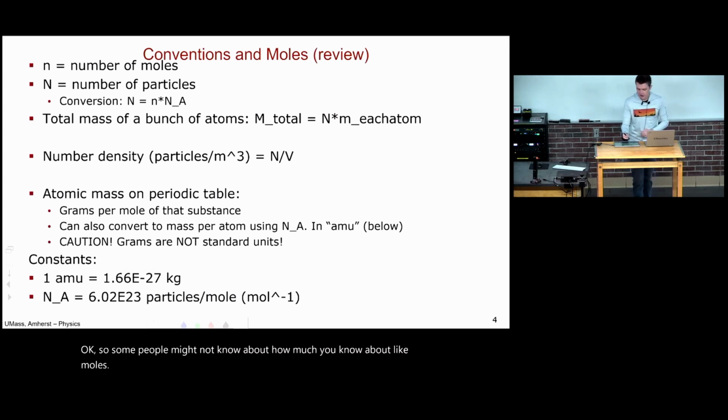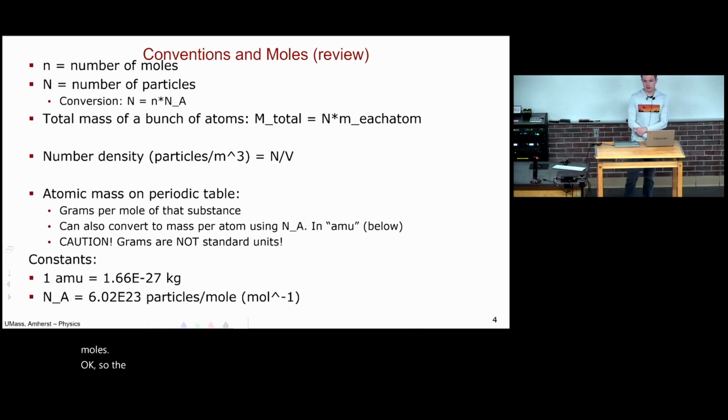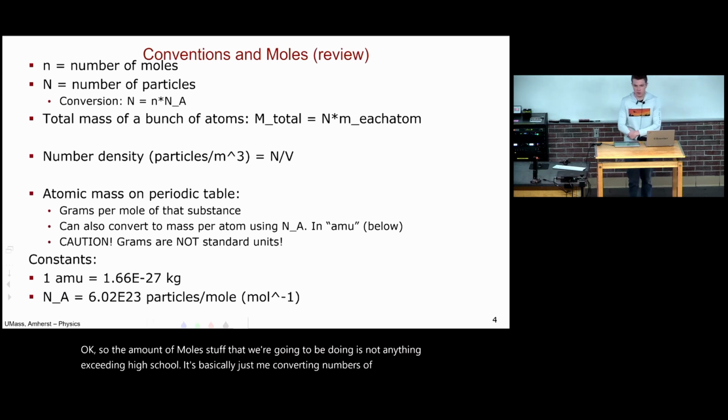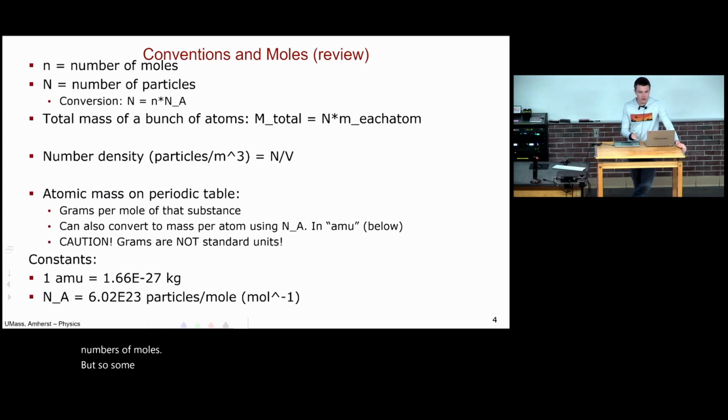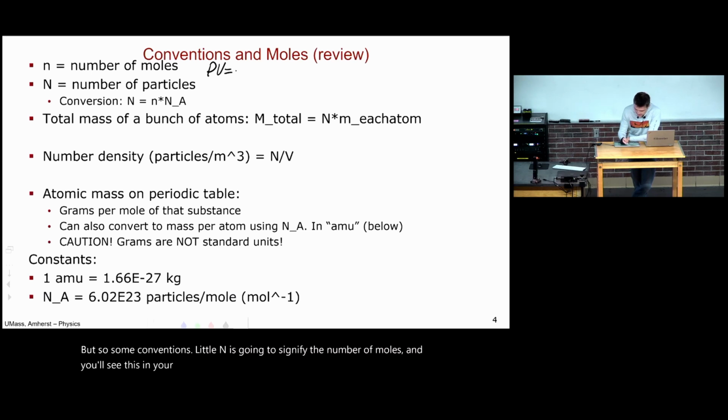The amount of moles stuff that we're going to be doing is not anything exceeding high school. It's basically just me converting numbers of atoms to numbers of moles. Some conventions: little n is going to signify the number of moles, and you'll see this in your favorite ideal gas law.